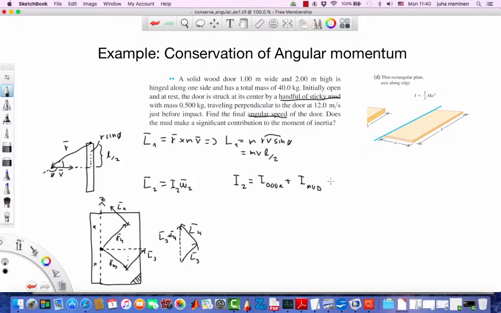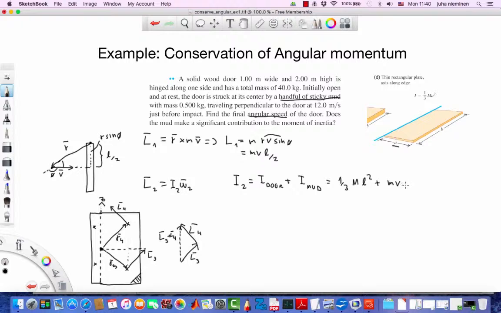For the door, we have from this table that it is 1/3 of the total mass times a squared, where a is the width of the door, as we see from this figure. So for the door, 1/3 m, and the width of the door is L, so we have L squared, plus that of the mud.